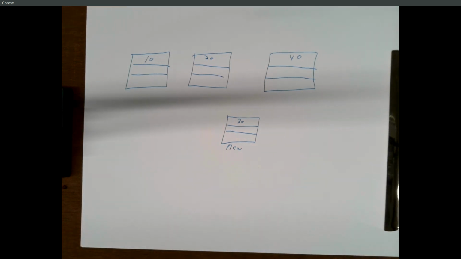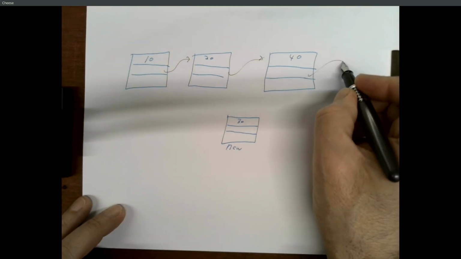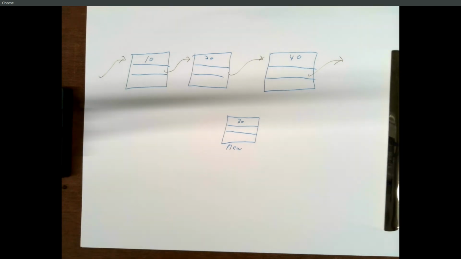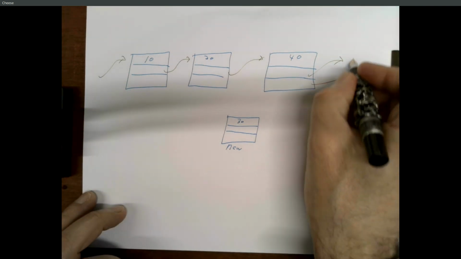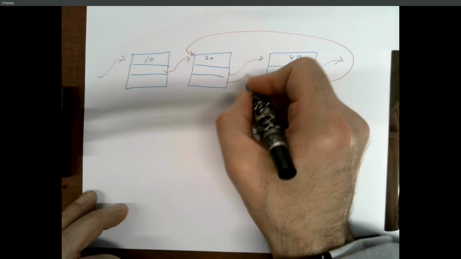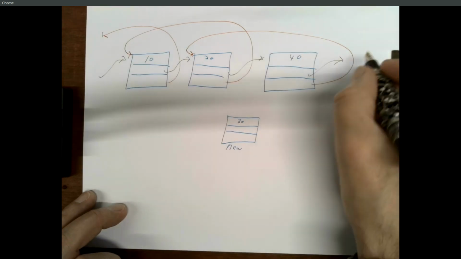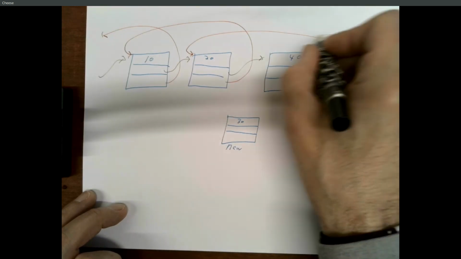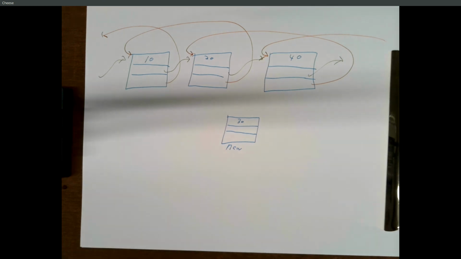So we have forward pointers. And we have back pointers. And we want to insert a 30 into this list.